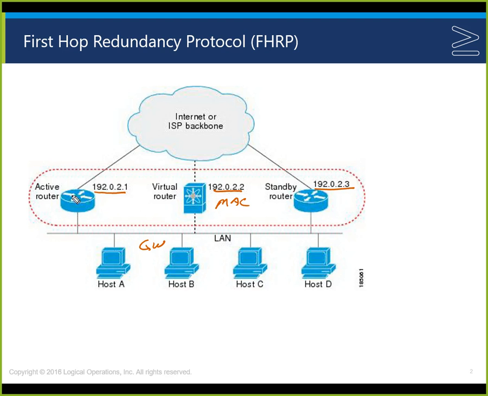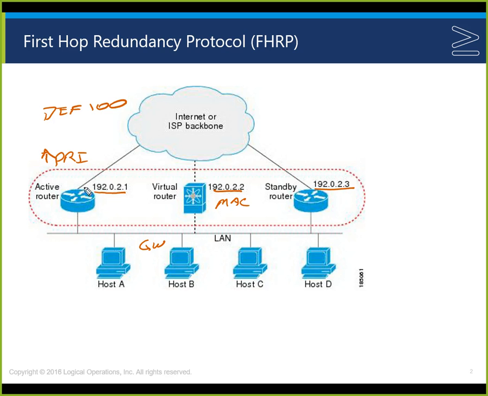We can dictate based on the priority which one of these is the active router and which one is the standby router. When we talk about priorities, the default is going to be 100. They do the negotiation. The one with the highest priority is the one that's going to win.